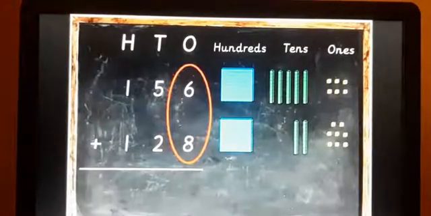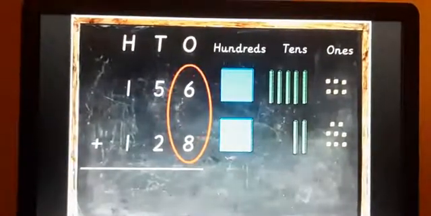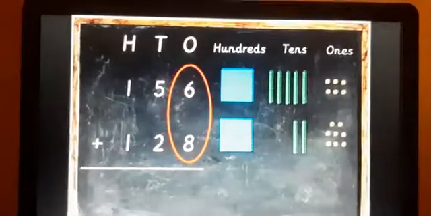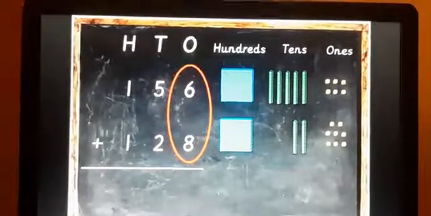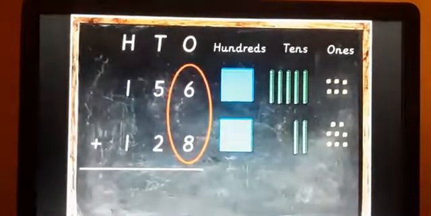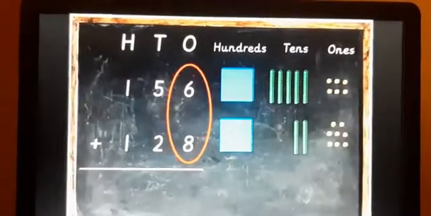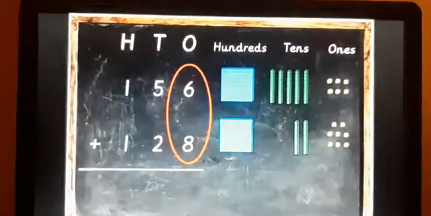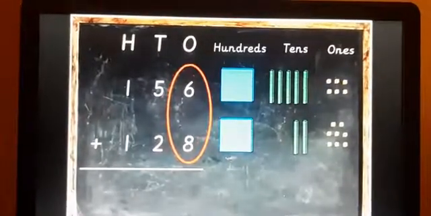So you can see which place we have to start with, right, the ones place. When you are writing or reading, you go from the hundreds place. But one thing is most important: when you are doing the calculations and identifying the place values, you have to do it from the right side, that is the ones place.